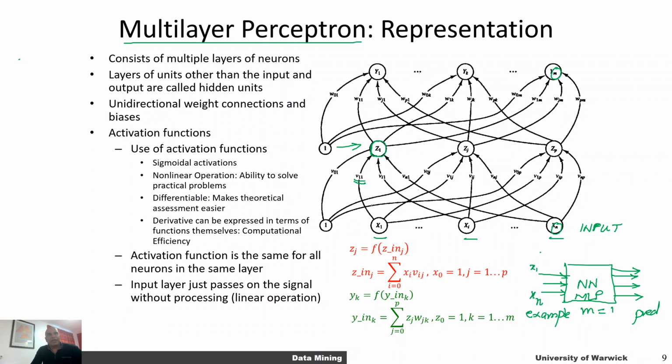So V11 connects input X1 to this first neuron. Then we have an input Xi that is connected to this neuron that I'm calling Z1. The corresponding weight I'm going to call Vi1. So the first subscript indicates what input, what feature it is, and the second one denotes what this is connected to. So Vi1 is the weight for the ith input leading to the first neuron in this layer.